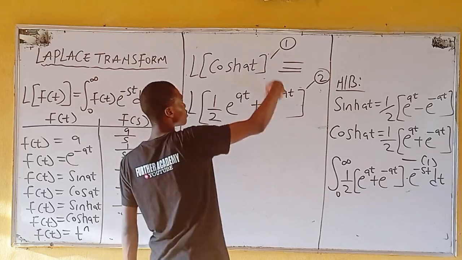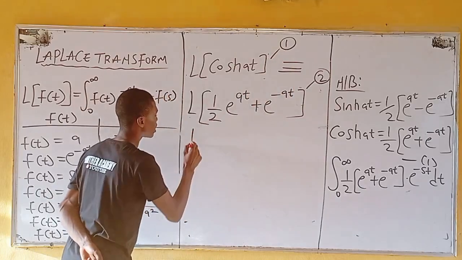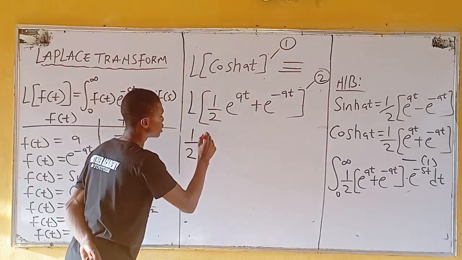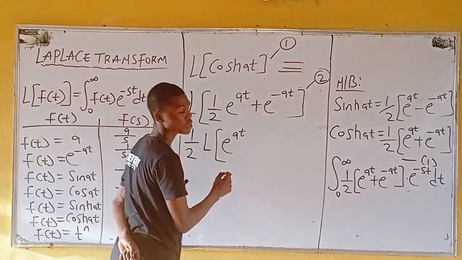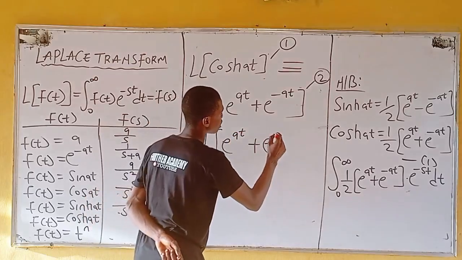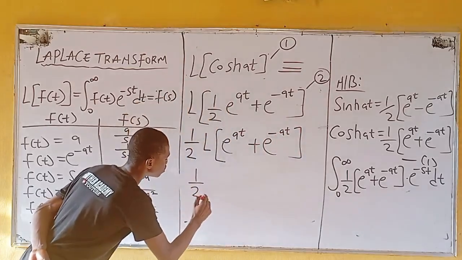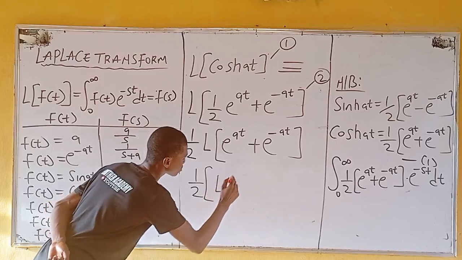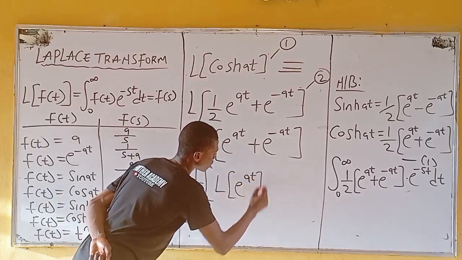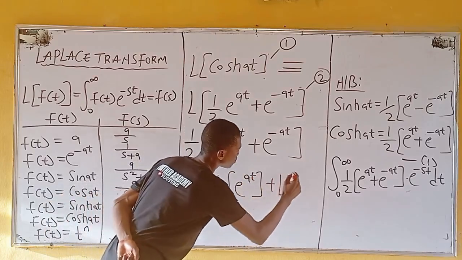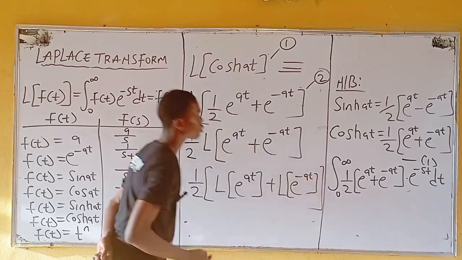Since both of them are equivalent, what we have here is the same thing as writing 1 over 2 times the Laplace transform of e to the power of at plus e to the power of negative at, right? 1 over 2 into bracket the Laplace transform of e to the power of at plus the Laplace transform of e to the power of negative at, then close your bracket.